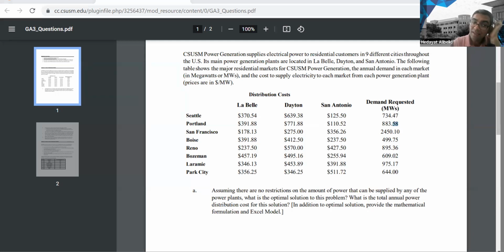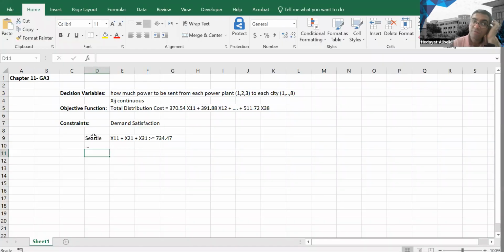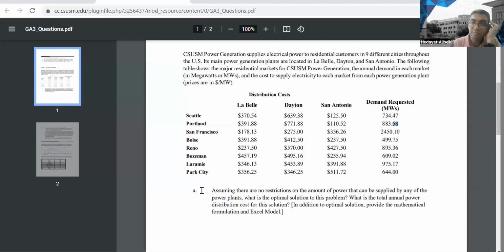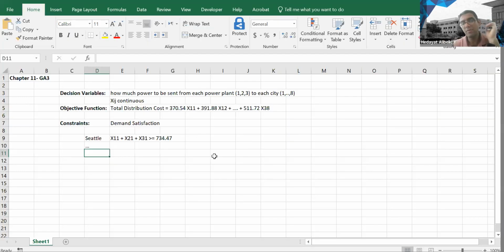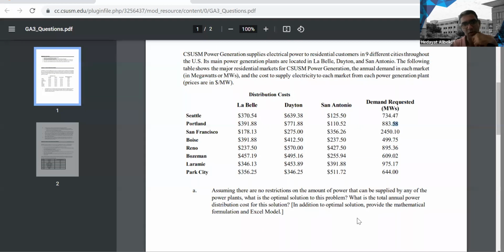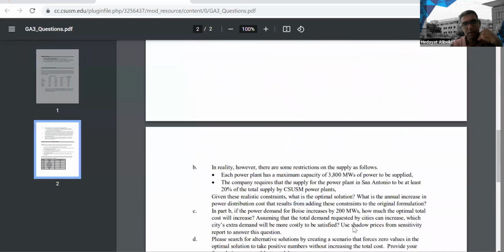Once you get this, this is your formulation for part A. You should be able to write down the spreadsheet model and solve it with no problem, and answer all other questions.